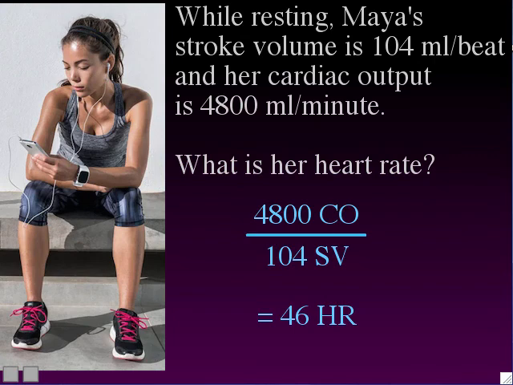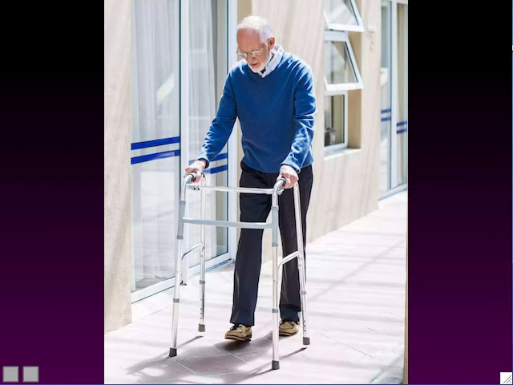Let's do another problem along these lines. Some people end up with weakened hearts. There are various types of diseases that can cause a person's heart to get weak. We'll talk about these a little bit later on in this lecture on the cardiovascular system. But one example is something called congestive heart failure.